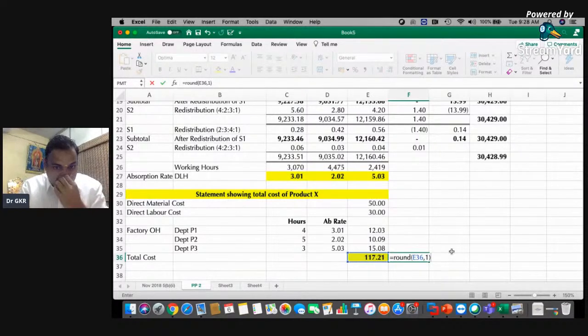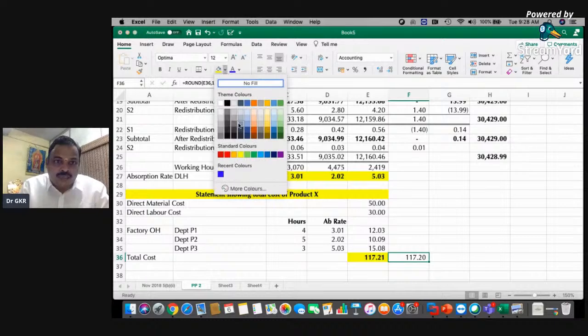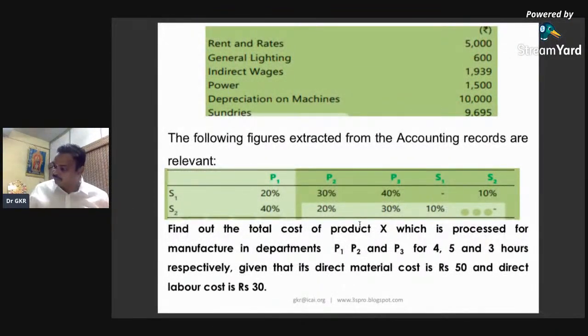So it is 117.20. That 1 paisa I am ignoring. That second digit I am ignoring for your kind information. Okay. So 117.20 is your rounded answer with respect to your total cost.